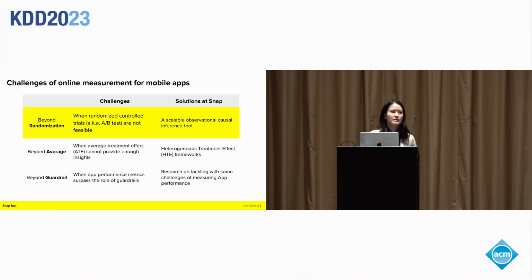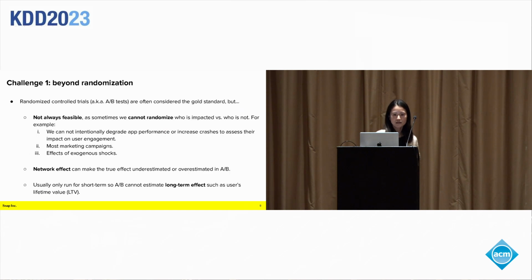Okay, so now let's take a look at the first part, which is beyond randomization. We will show how we provide a scalable observational causal inference tool at SNAP. As we mentioned before, A/B testing is the most widely used approach in industry and is often considered the gold standard.